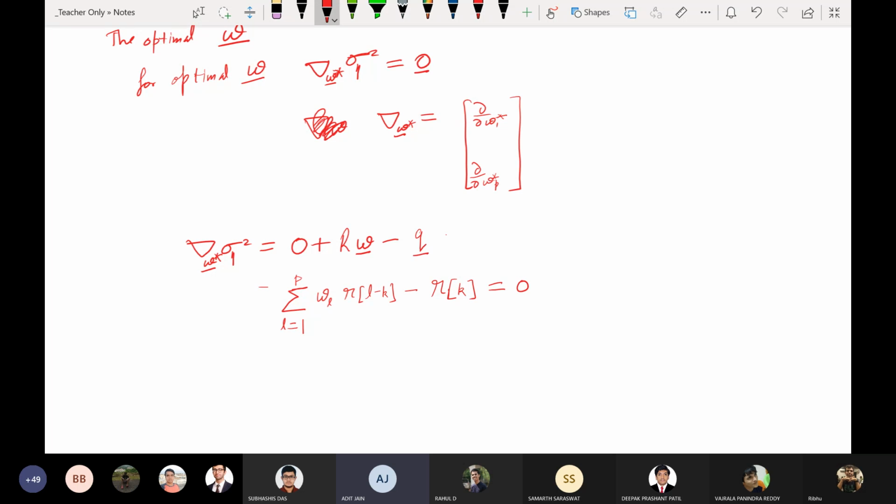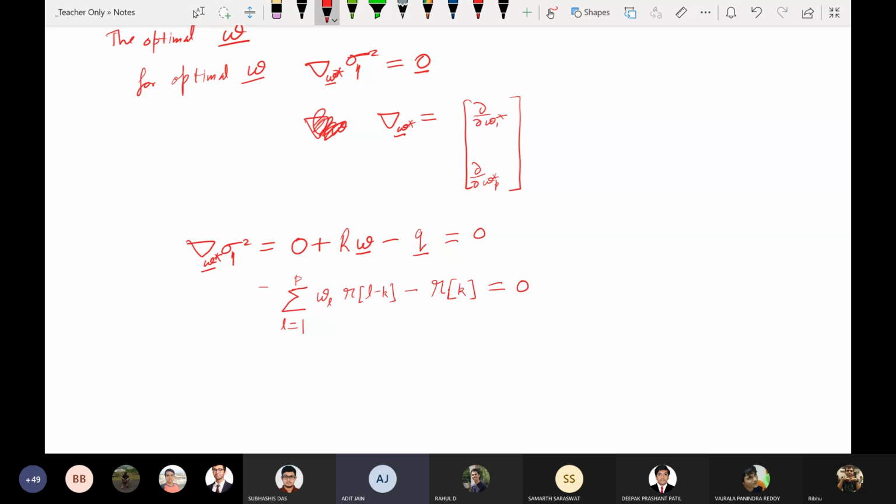So W conjugate and W Hermitian are the same thing? W Hermitian is the vectorized version of W conjugate. Sir, when you're taking the gradient with respect to W conjugate, W will remain?